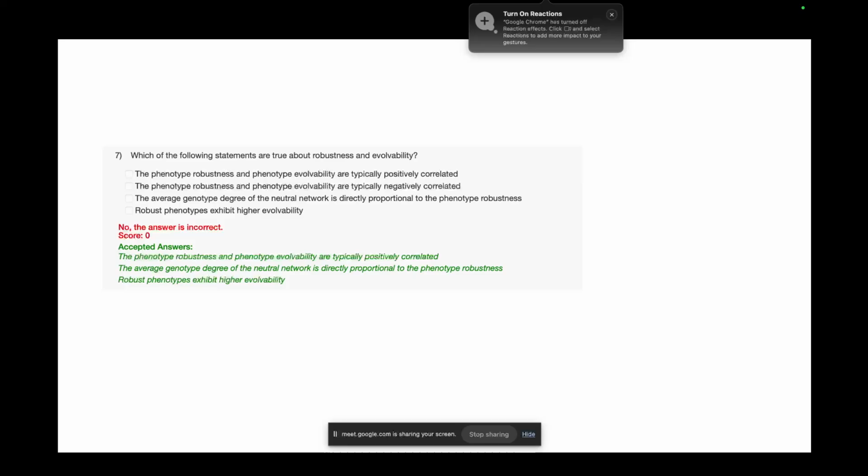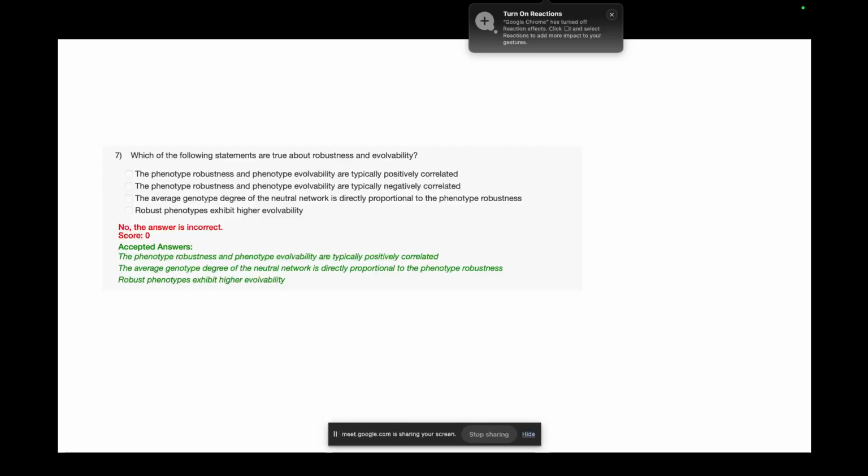If that is true, the second option is incorrect, which is negatively correlated. So going past that, third option, the average genotype degree of a neutral network is directly proportional to the phenotype robustness, which is true because the more degrees you have, the more robust is your network, because you can have multiple paths to travel from one node to another, right?